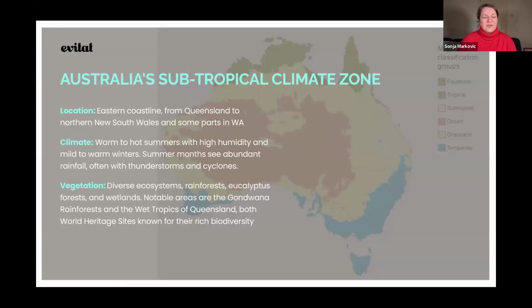So it's the eastern coastline from Queensland down to northern New South Wales, and a few patchy parts on the Western Australian coastline. In terms of the climate, there is an experience of fairly warm and often hot summers with high humidity.